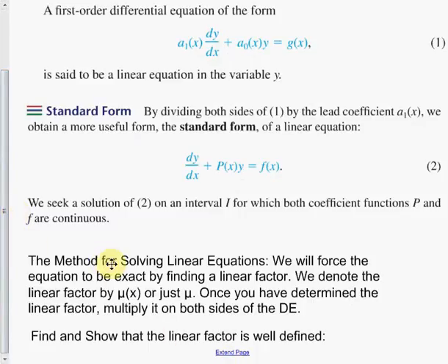So here, the method for solving linear equations, we want to force the equation to be exact by determining, initially we call it a linear factor, but that linear factor is indeed the so-called integrating factor. Once I know it, multiply the entire equation by the integrating factor. Before you do that, you want to make sure that the equation is written in this form here, number 2.